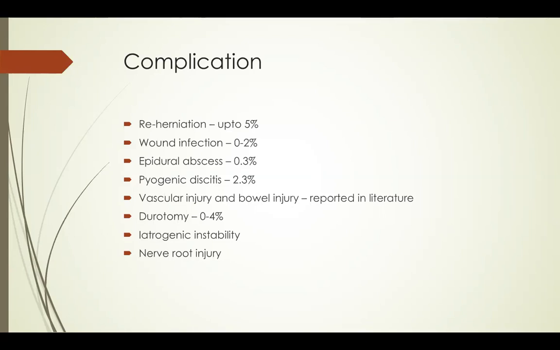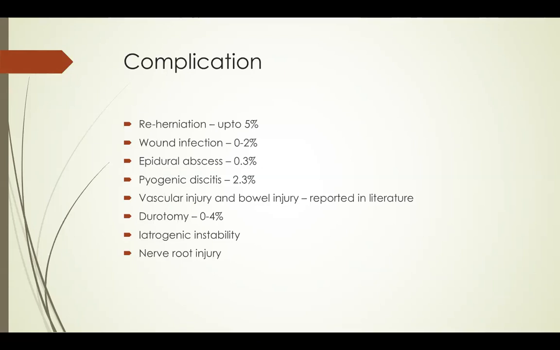spine. So I actually talked to a surgeon who had a bowel injury. The interesting story is this. He was taking out the disc herniation part, and he didn't pay attention.